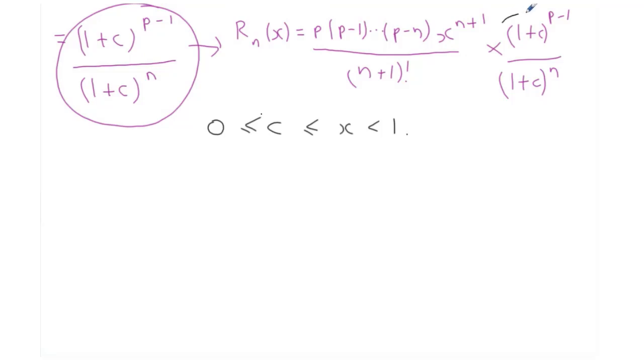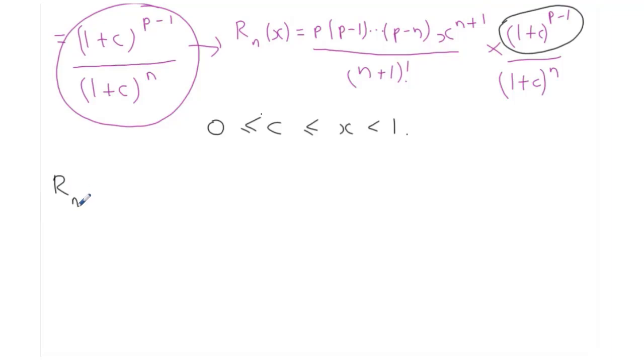So now we can pull this bit out as a constant. It's got no n's in there, so it doesn't need to be included in the limit term. It's just 1 plus c, c is just a number. Power p minus 1, p is also just a number.